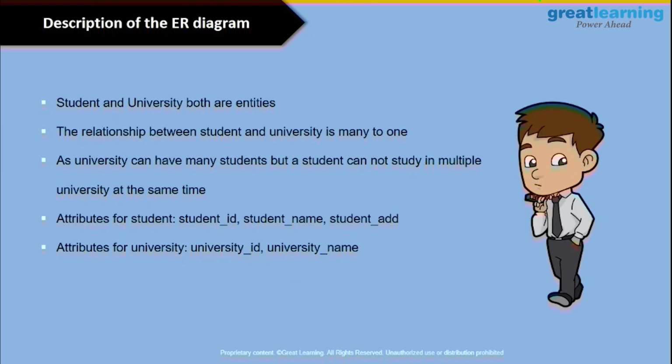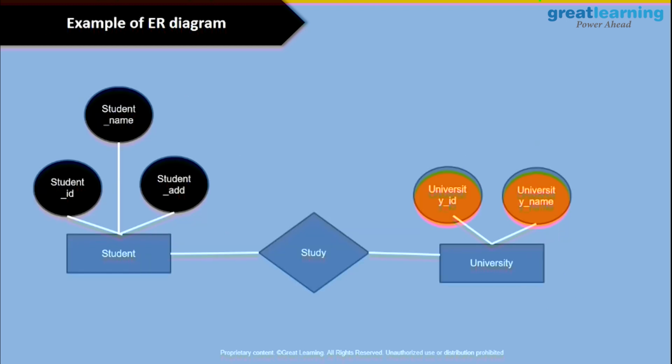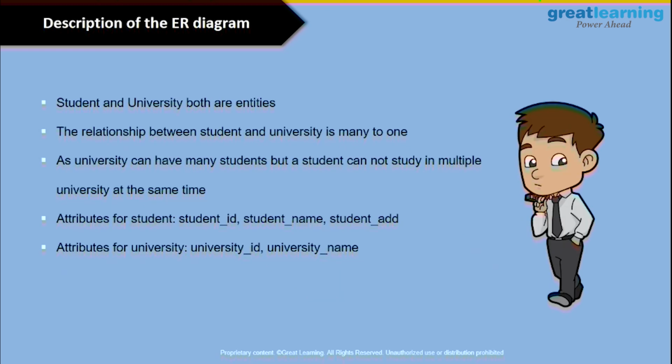Now let's have the description of the ER diagram. Student and university both are entities. If you look at this diagram, student and university are your entities. Now, the relationship between student and university is many to one, right?